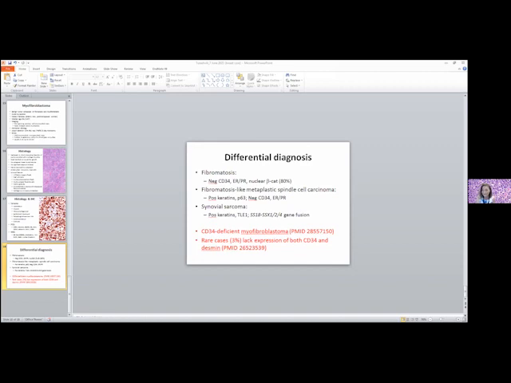But again, negative CD34 and desmin in combination with RB1 loss can allow you to make the diagnosis of myofibroblastoma. I'm not sure if anyone has seen such a case, or if you have any questions, I'll be happy to answer them. That's it.